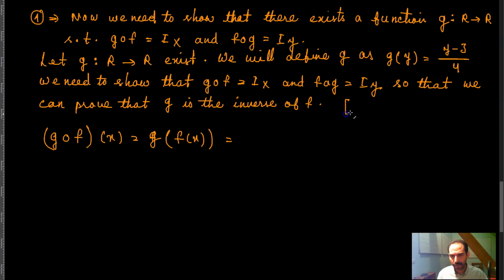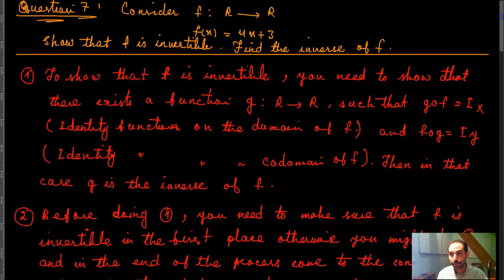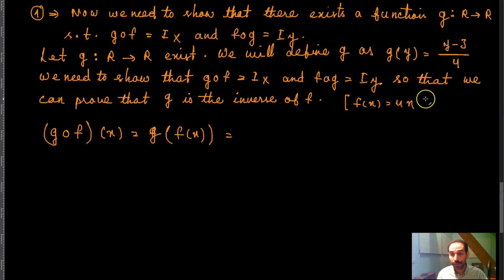So g of f of x: in g of y, wherever you see the variable, you have to replace it with the whole function f of x. I can write 4x plus 3 minus 3 and divide that by 4. These two will be cancelled out, and you'll be left with x.